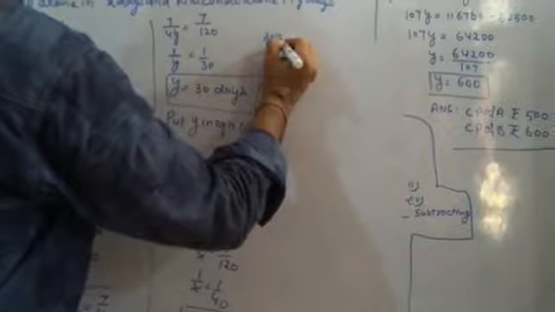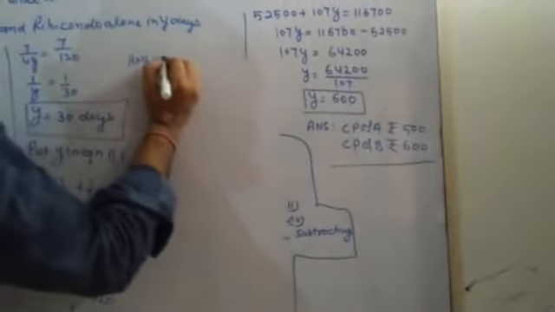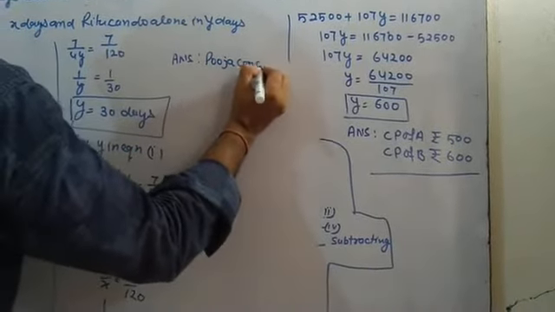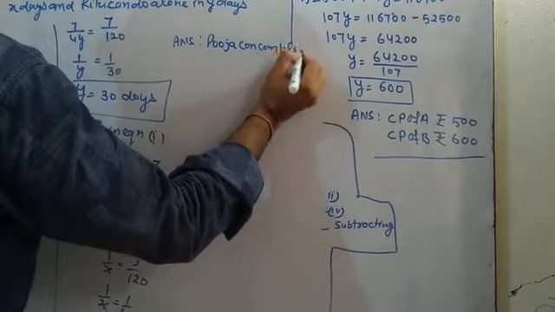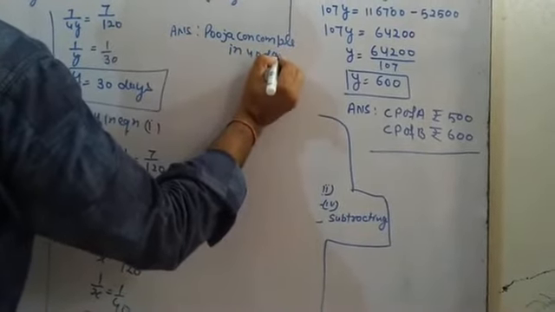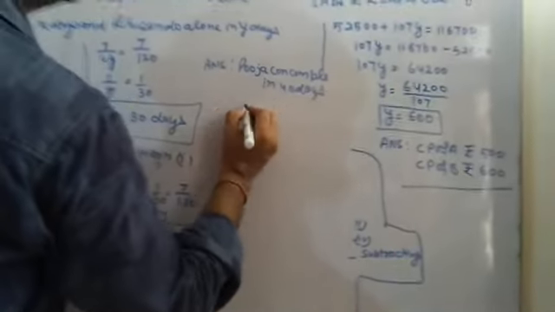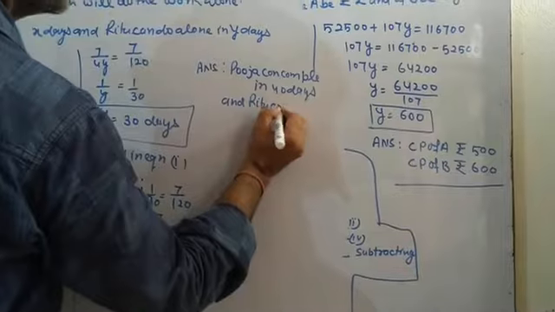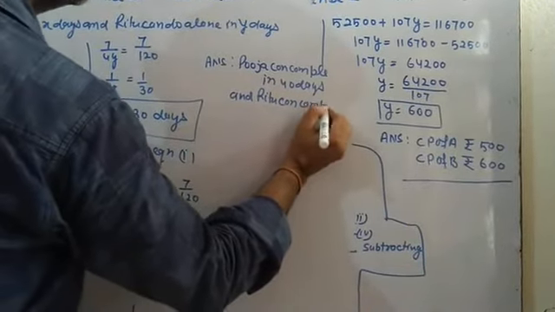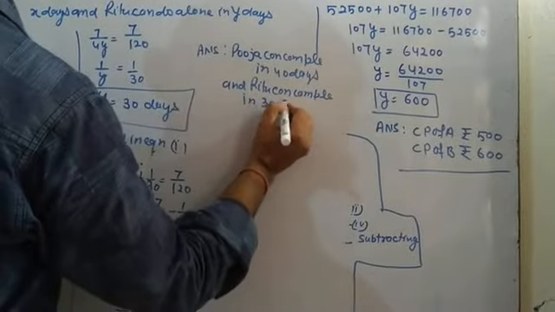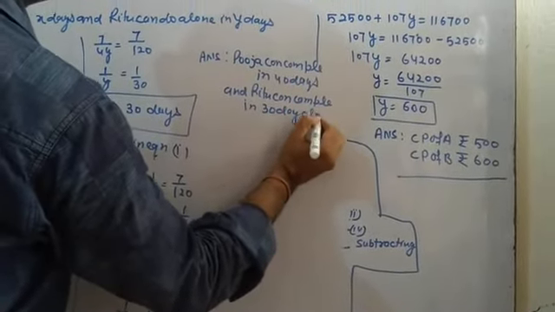Answer: Pooja can complete the work alone in 40 days, and Ritu can complete it in 30 days alone.